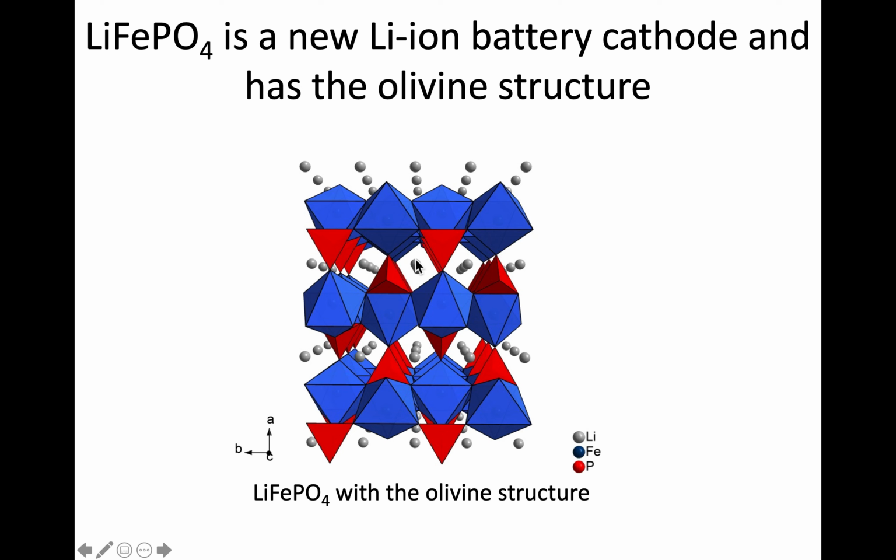One of the ways that people have gotten around the slow diffusion based on these linear pipelines is that they make this lithium iron phosphate really small. So if you make nanoparticles or things like that, then the diffusion distances are shorter because the particle is smaller. So it's not as big. And so that's one of the ways that we can use the olivine structure in lithium ion battery cathodes.